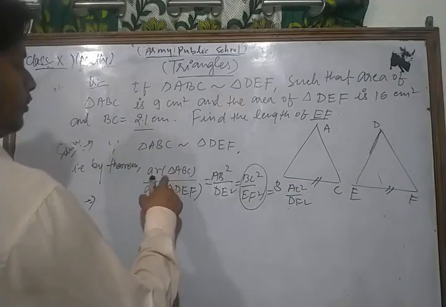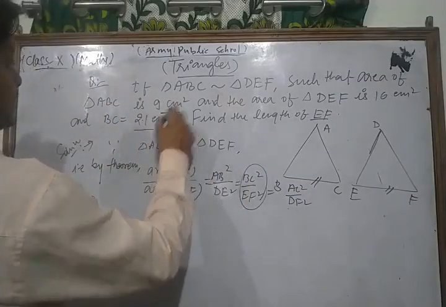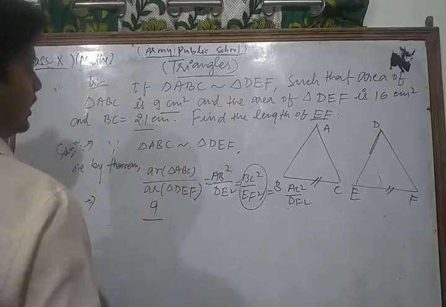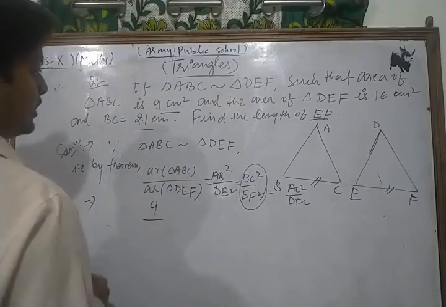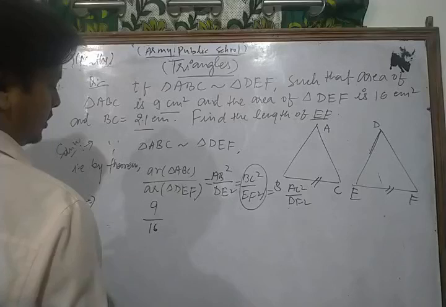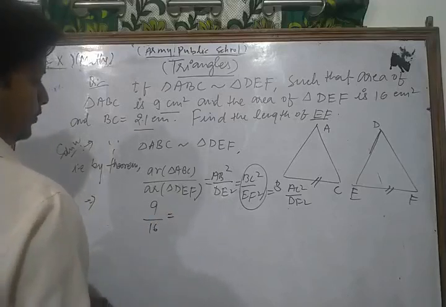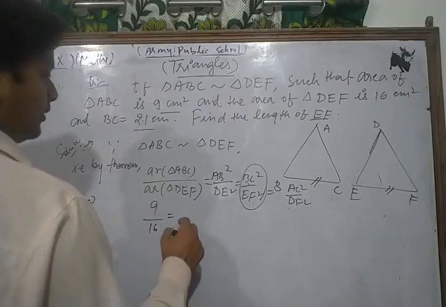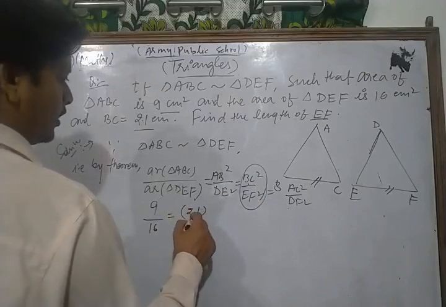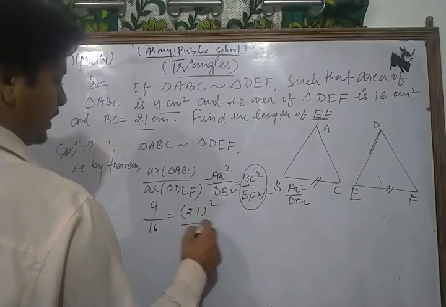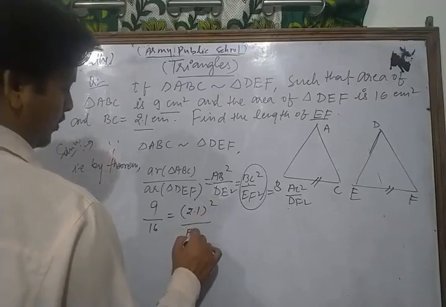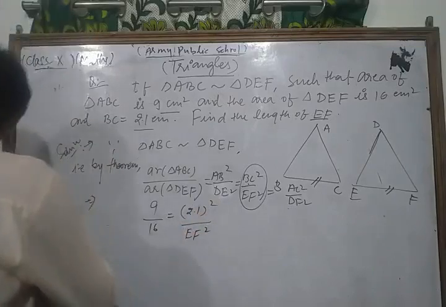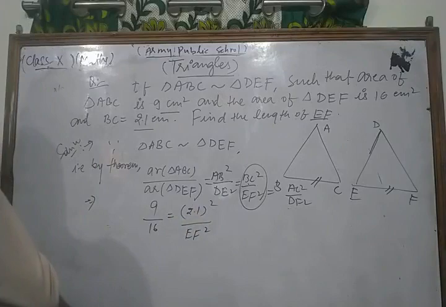Now we put the value of the area of triangle ABC, which is 9, upon the area of triangle DEF, which is 16, is equal to BC square upon EF square. BC is 2.1, so 2.1 square upon EF square.